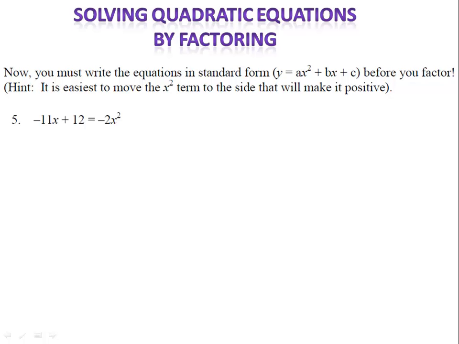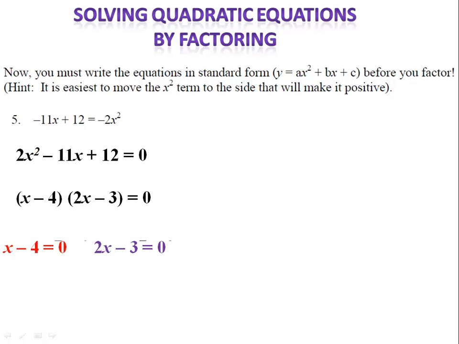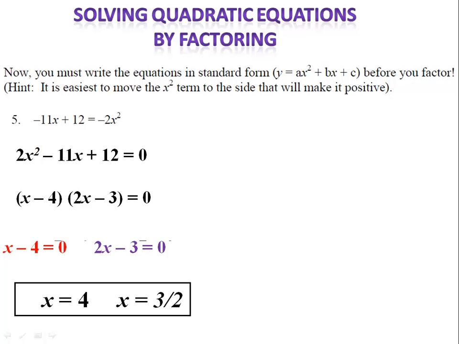In this case, if I add 2x squared to both sides, I have 2x squared minus 11x plus 12 equals 0. Now I can factor x minus 4 and 2x minus 3. I solve each of those pieces, and I find the solutions x equals 4 and x equals 3 over 2.